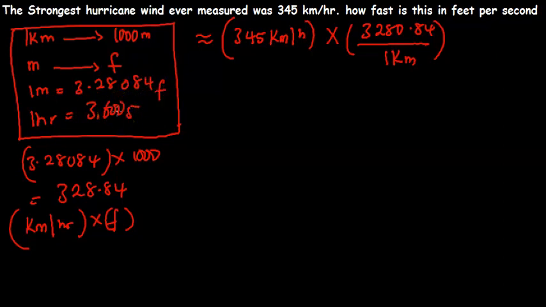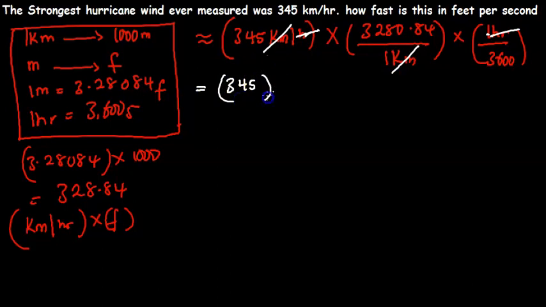Next, we multiply everything by 1 hour over 3,600 seconds, because 1 hour is equivalent to 3,600 seconds. Then the common units will cancel out. Here we have hour, and here we have hour, so the hours cancel out. What about the kilometer? Here we also have kilometer. We're going to be left with what?